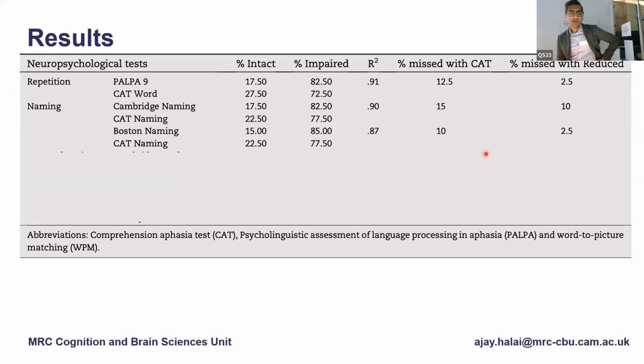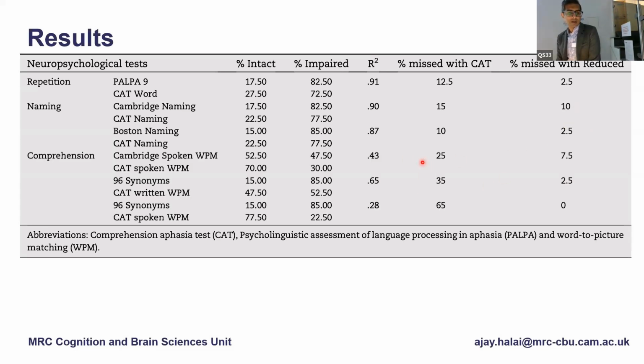Similar for naming, it was about 10-15%, but now you can see there's slightly reduced sensitivity in the novel battery as well compared to the extensive battery. But still, for comprehension, we see a very high proportion of cases that were missed.